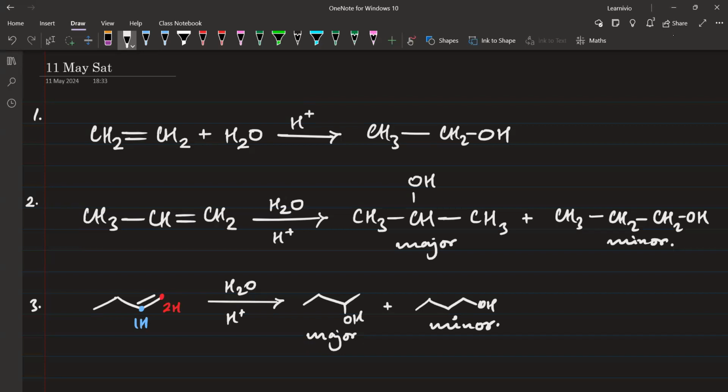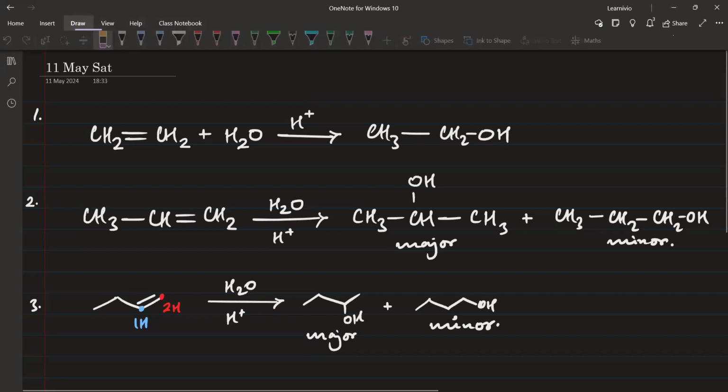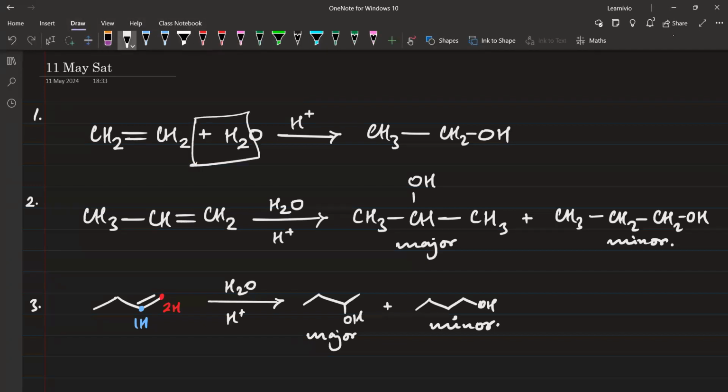No difference. Here also you have water, and here also you have H plus. Oh, okay. So writing above the arrow does not make any difference. You're asking what the difference is if I write plus H2O or if I write H2O on the arrow? No, there is no difference.